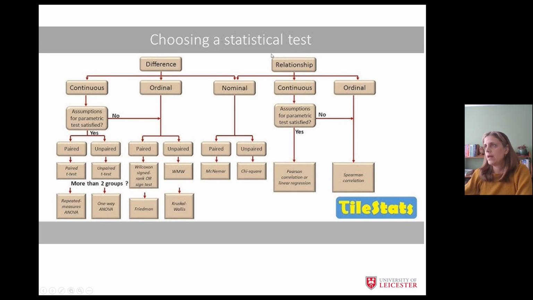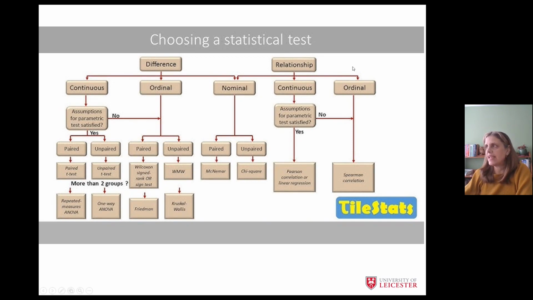If we think about a relationship, so for example, if we're going to look at the relationship between, let's say, blood pressure and age, blood pressure, we know it's continuous data. For ordinal, we might be looking at something like pain, which is sometimes measured on a scale of 0 to 5.